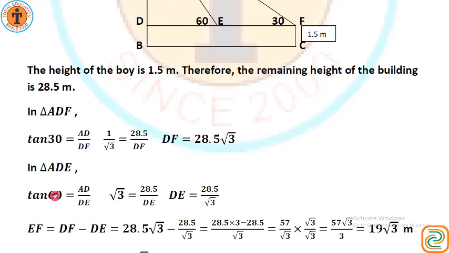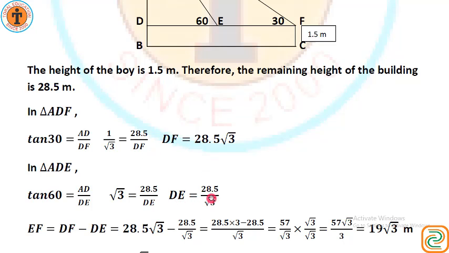Now another triangle, ADE. tan 60 equals AD upon DE. AD is given as 28.5 and tan 60 is root 3. So DE equals 28.5 upon root 3.